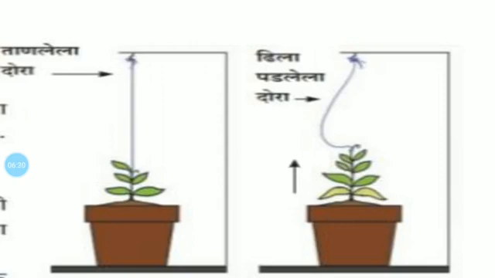What do you observe after 10 to 15 days? See, in this picture there is one potted plant and a thread is tied to the tip of this plant. After 10 to 15 days, that thread is loose. Why? Growth has occurred in that plant.